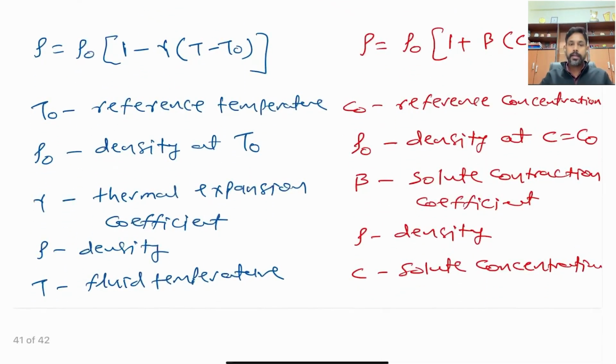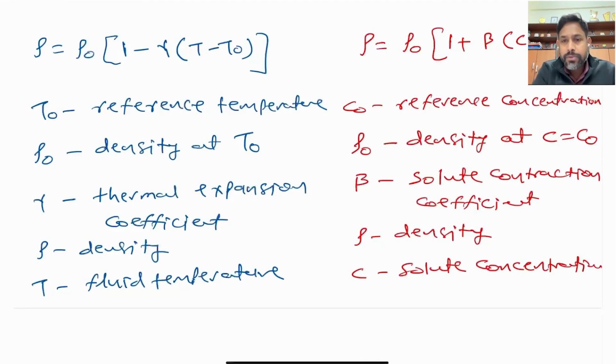Okay, so these are two different equations we have. One is relating density with the temperature and the other one is relating density with the concentration. To understand this, imagine if we heat a fluid, it creates buoyancy, it becomes lighter and tries to rise up. That happens because there is expansion of fluid particles, so density becomes smaller.